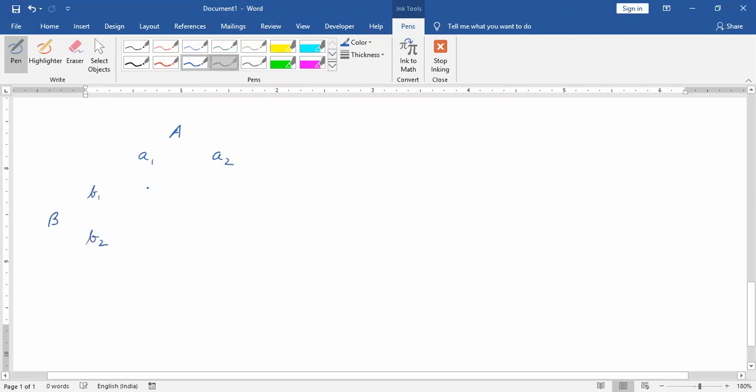The values are 1, 7, and 5, and we will take it 2.